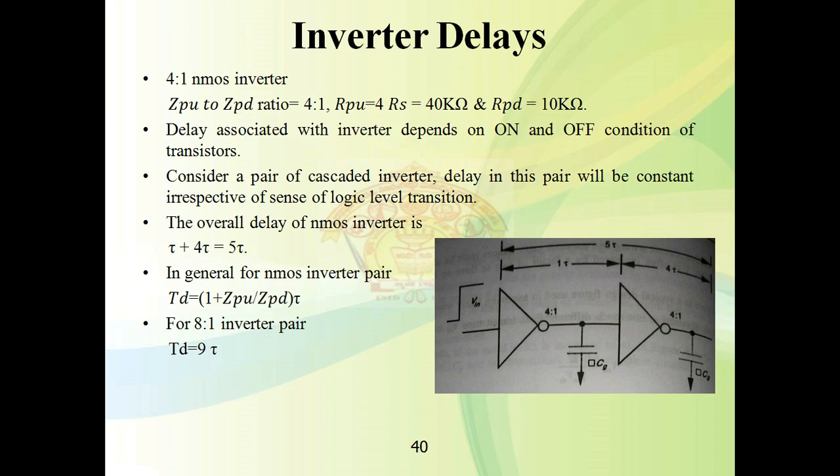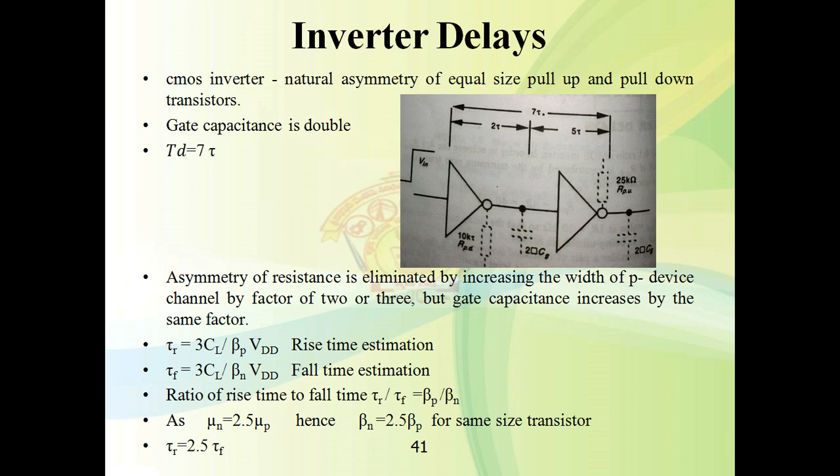Now we will go for the CMOS inverter. You know that the CMOS inverter has one p-type transistor, that is the pull up transistor, and one n-type transistor, that is the pull down transistor. There are two transistors and the gates of the two transistors are connected together, so therefore the input gate capacitance is double.